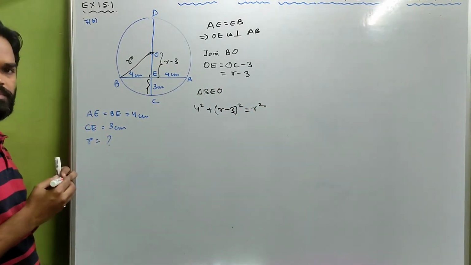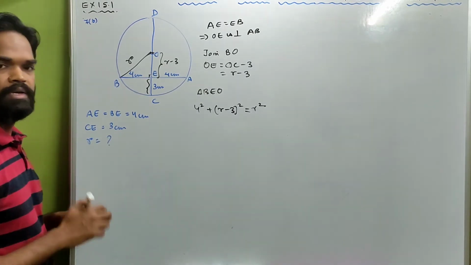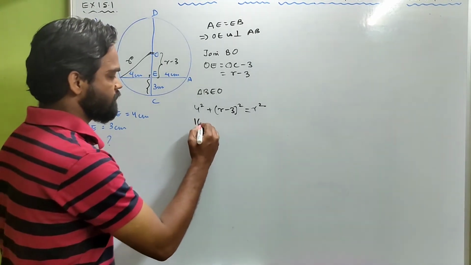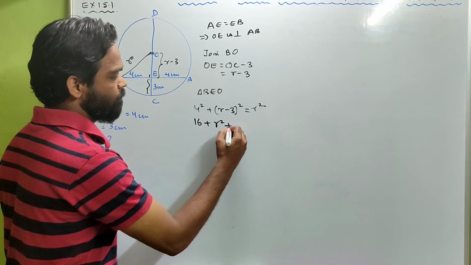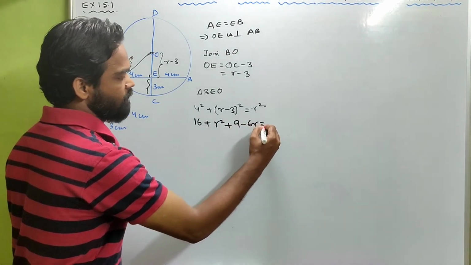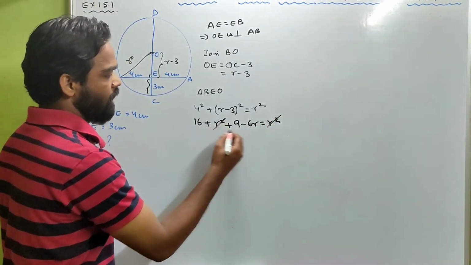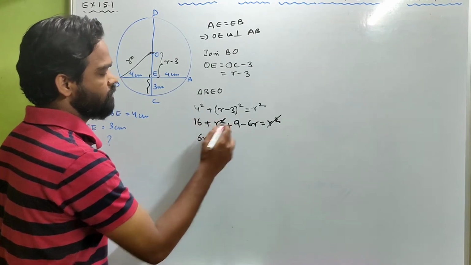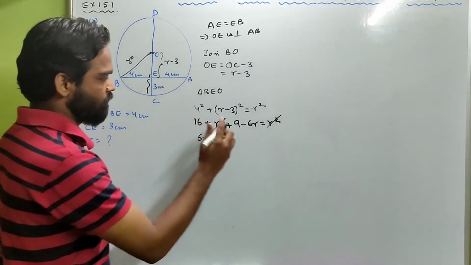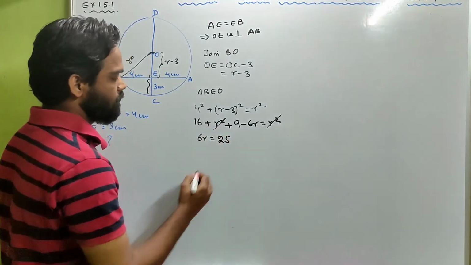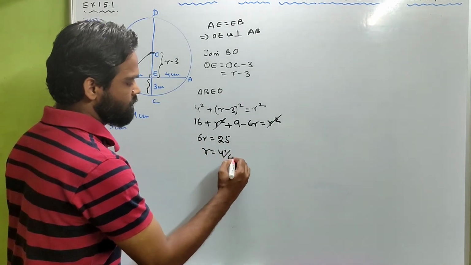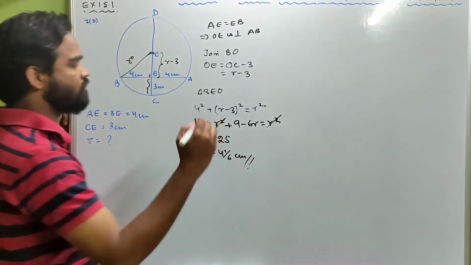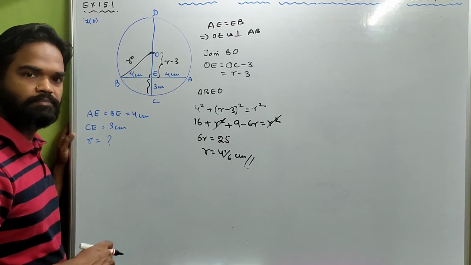That's the Pythagoras theorem. Perpendicular square plus base square is equal to hypotenuse square. So that's 16 plus, this is A square plus B square minus twice AB, equals R square. So that's 6R equals, this is how much? This is 25. Yeah. Then R will be 25 by 6 centimeter. And that's your radius. Done.